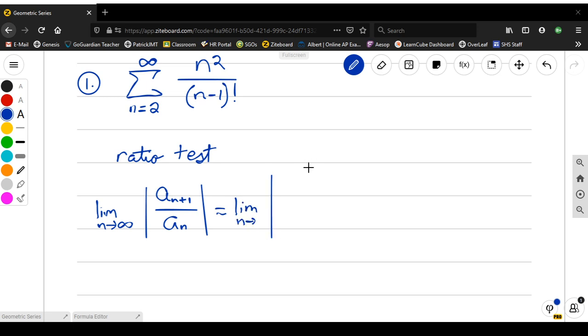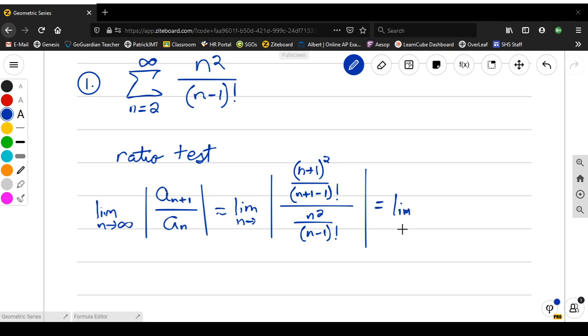Alright, and it's going to look like n plus 1 squared over n plus 1 minus 1 factorial divided by n squared over n minus 1 factorial. So now this is a complex fraction, and for this we're going to multiply by the reciprocal of the denominator, bring it up to the top.